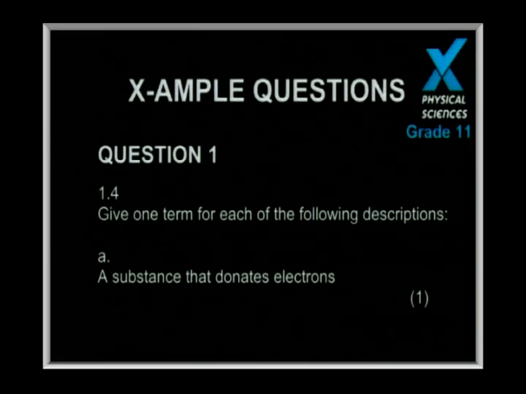Question 1.4 says, give one term for each of the following descriptions. And the first description is a substance that donates electrons. Okay. Now, a substance that donates electrons is going to get oxidized, right? Because it's getting rid of its negatives, so that substance gets oxidized. But gets oxidized isn't a name.